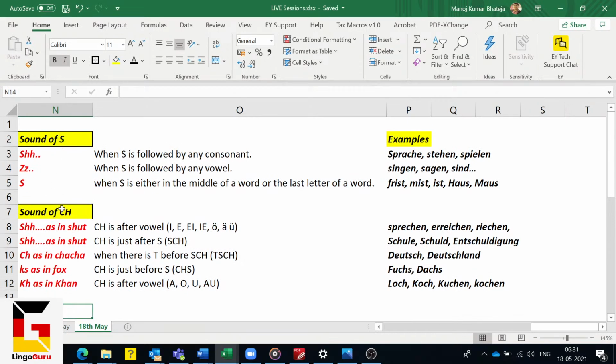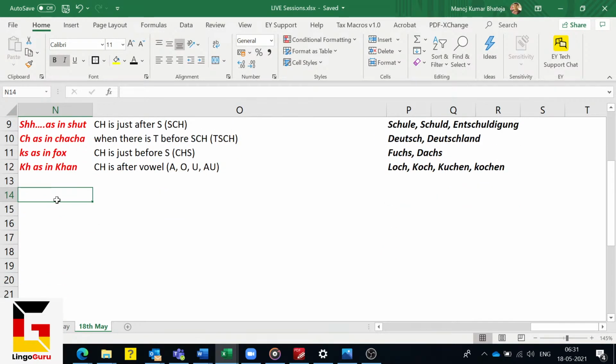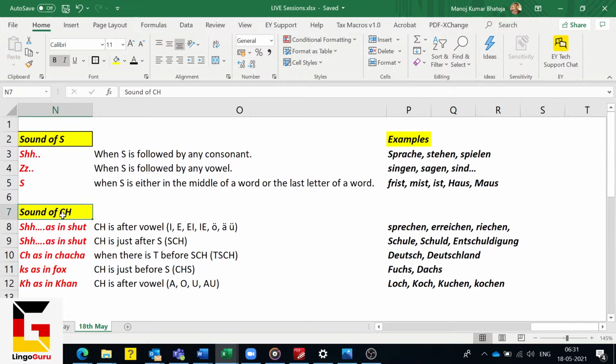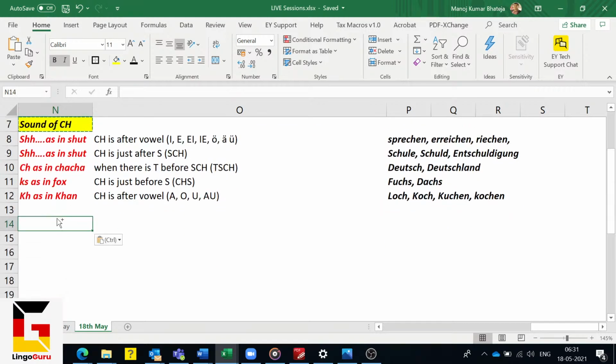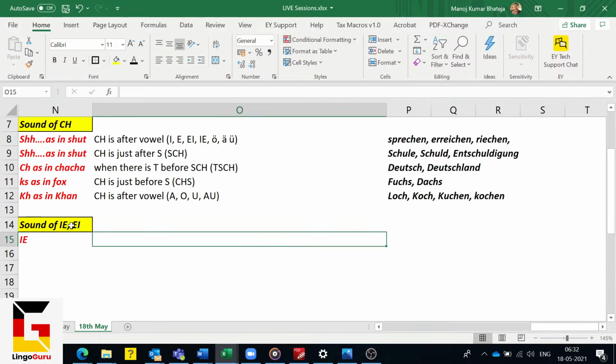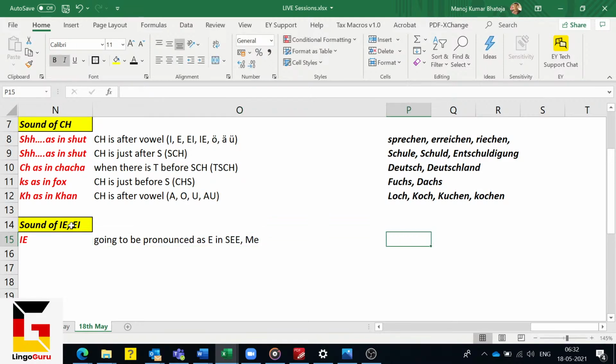Sound of S, sound of CH. Let's talk about the sound of a few vowels, how they react when they come together. Sound of IE and EI. When there is I before E, it is going to be pronounced as E in see, me.